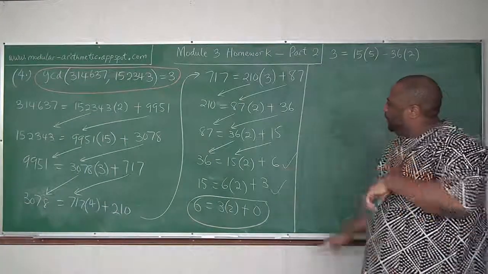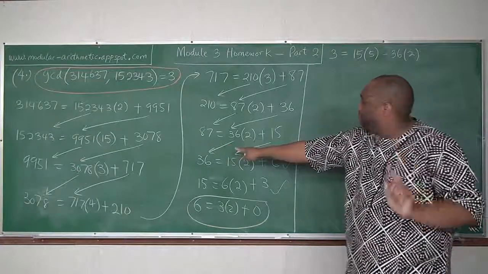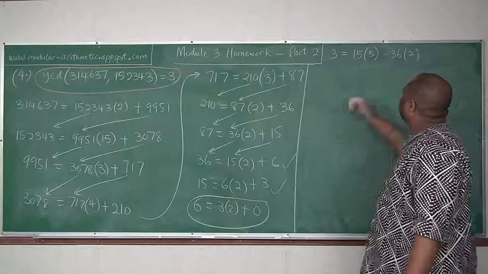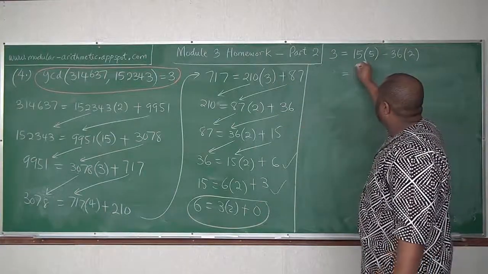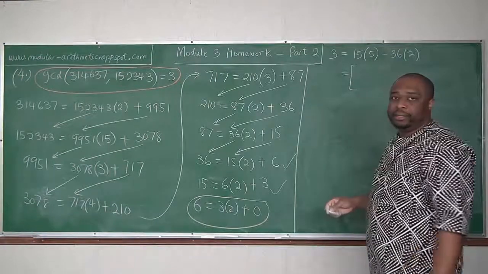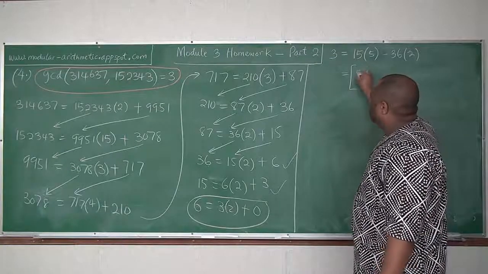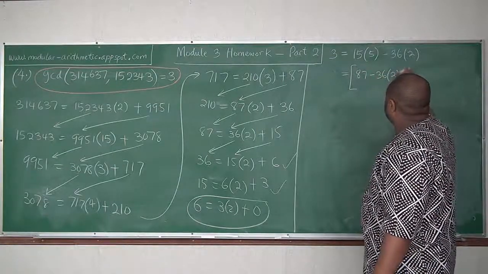The next one, I need to substitute for this 15 because I need to see 87 and 36. I need it. So this will be the 15 here. This is now, let me put a bracket. This is 87 minus 36 times 2.